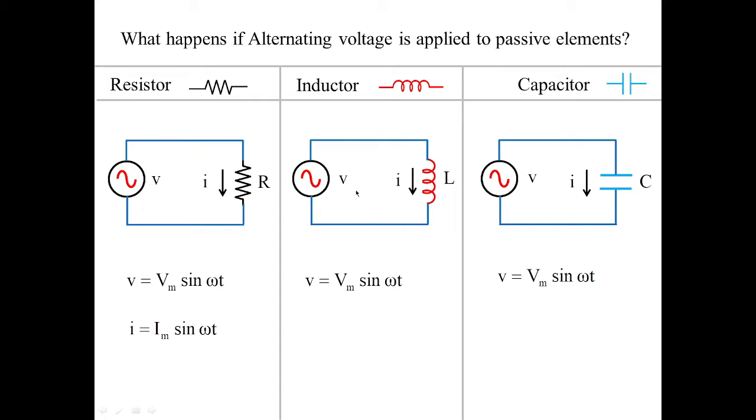The conclusion about inductor in its pure form is that current lags voltage by 90 degrees, whereas in the case of capacitor current leads voltage by 90 degrees.